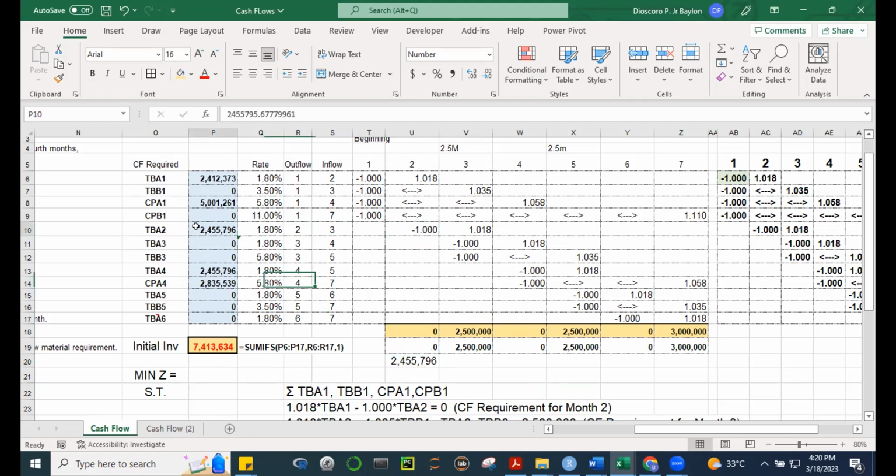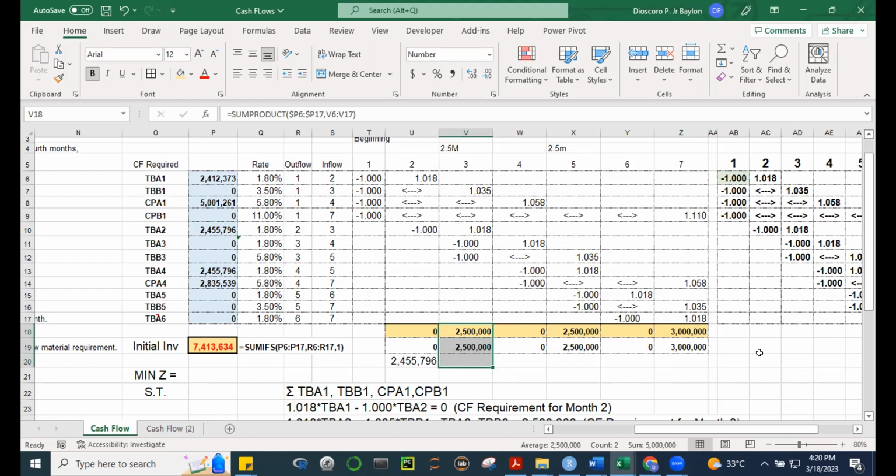You can trace, class, all the cash flows and you can see that it's exact to the nearest centavo. Okay? All right. Any questions? And all our constraints were satisfied.